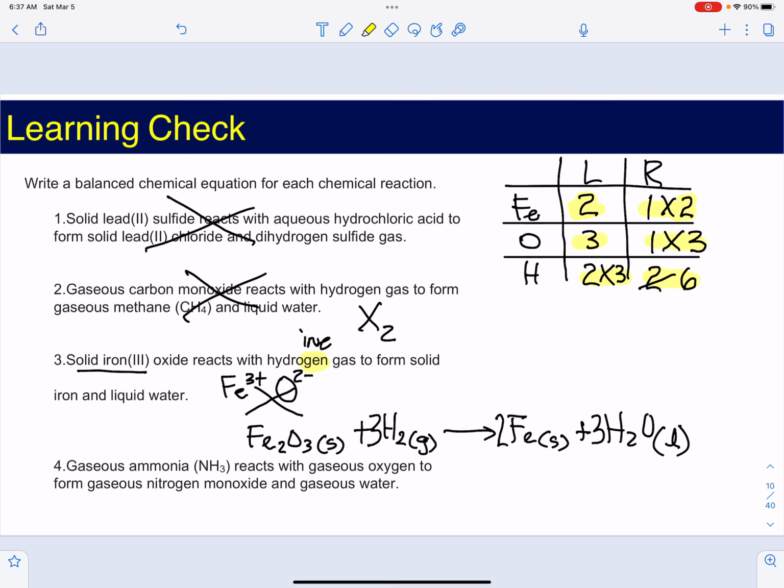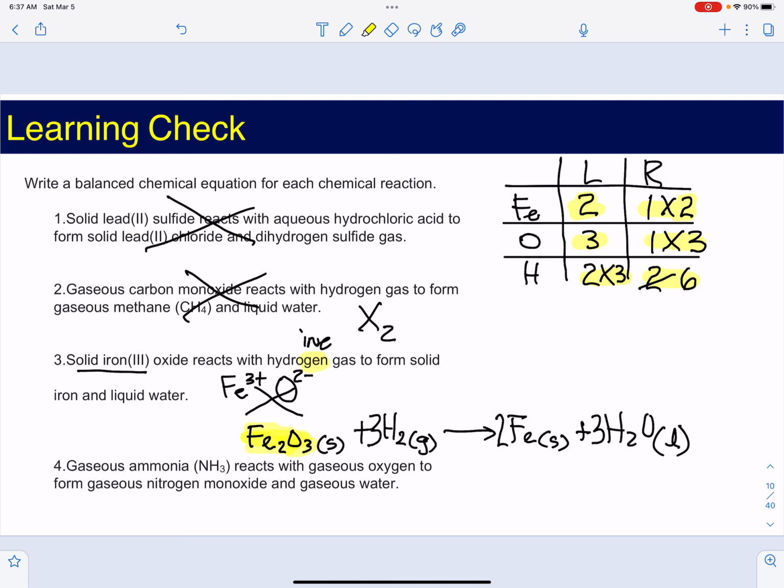So one of the most important things you have to do is to get these compound formulas right. If you start balancing an equation and it doesn't matter what you do, you cannot balance it, it's most likely because you wrote one of the formulas wrong.